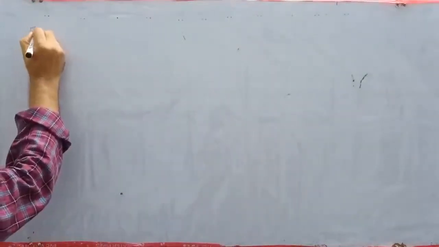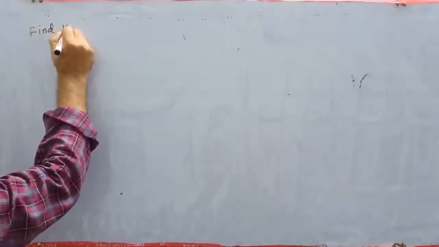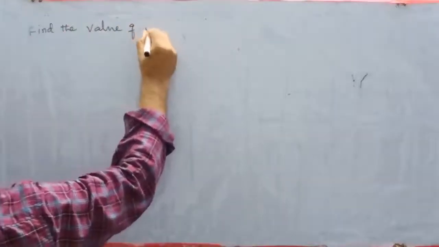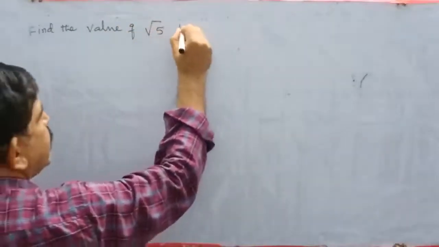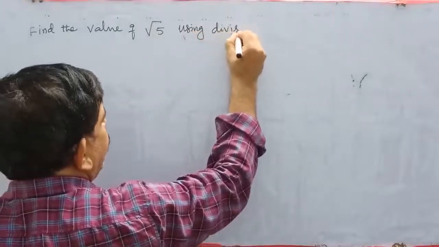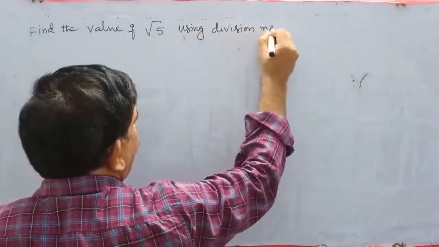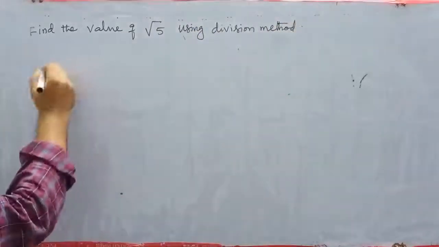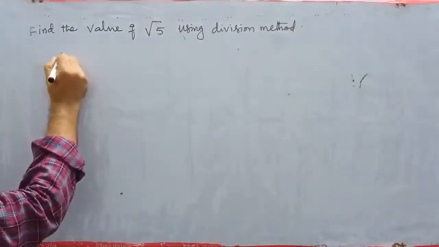Okay, next question. Find the value of root 5 using the division method. Now first we write 5.